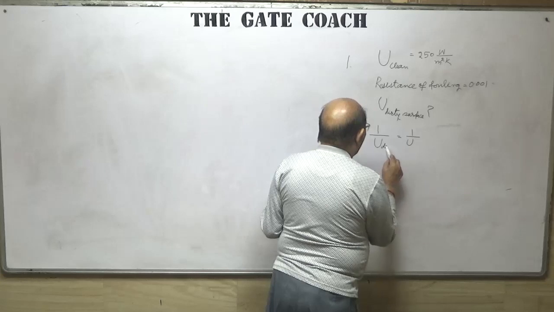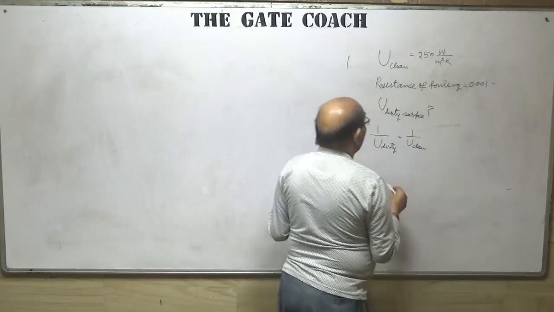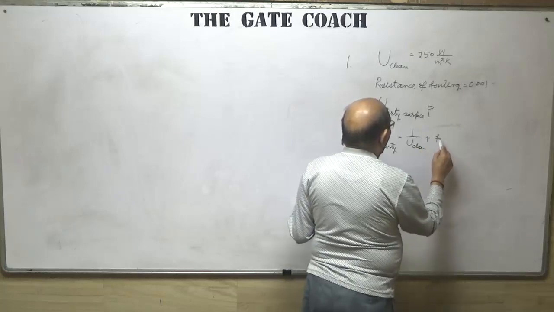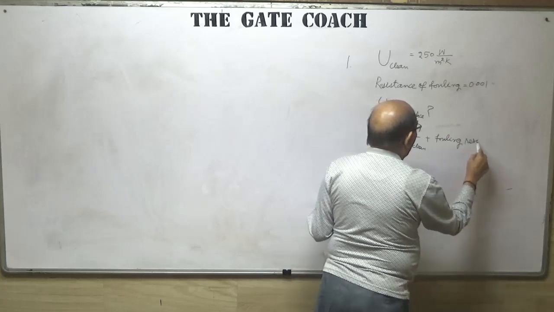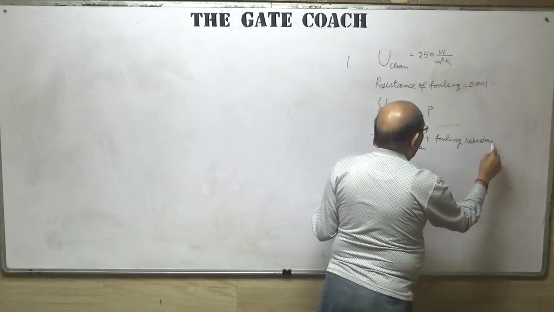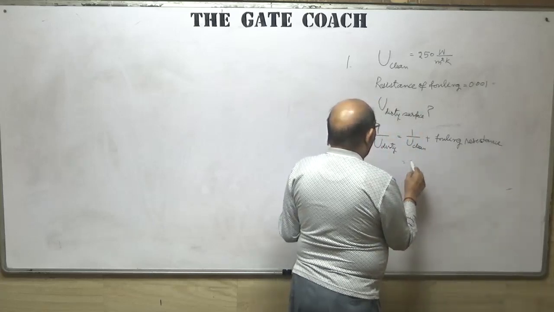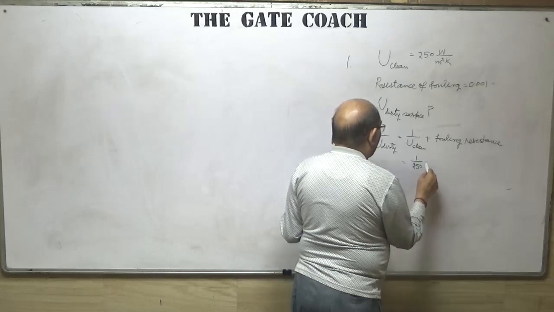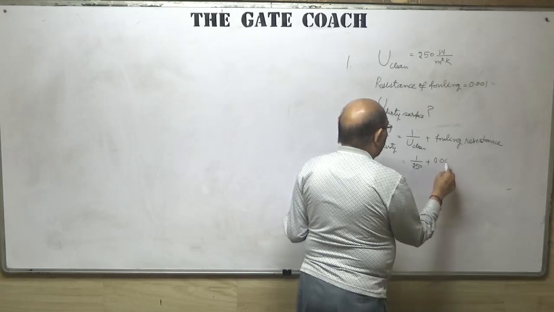So U dirty surface is 1 upon U clean surface plus fouling resistance. 1 upon U clean, 1 upon 250. Fouling resistance is 0.001.